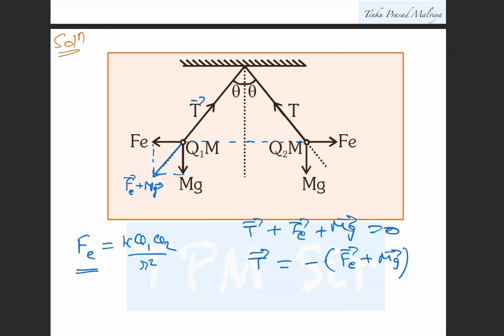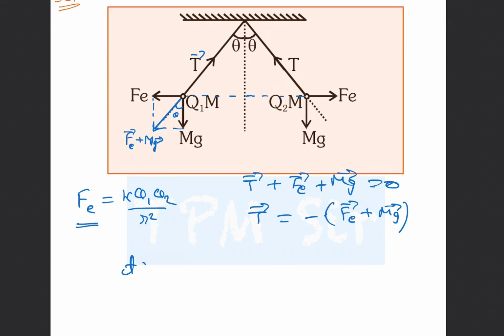Now as tension and this resultant are opposite, then this must be theta, and we can write tan theta is equal to Fe by mg. This is really simple. Now the same thing, let's say this is theta 1, you will write tan theta 1 is equal to Fe by mg, right?